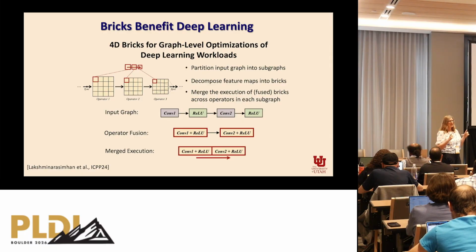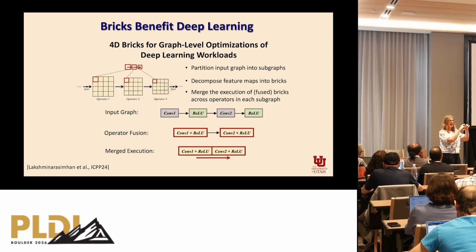And so in this paper that appeared in ICPP 24, there's a very clever memoization of the partial results because that area around the outside, the ghost zone, may be needed by different elements.